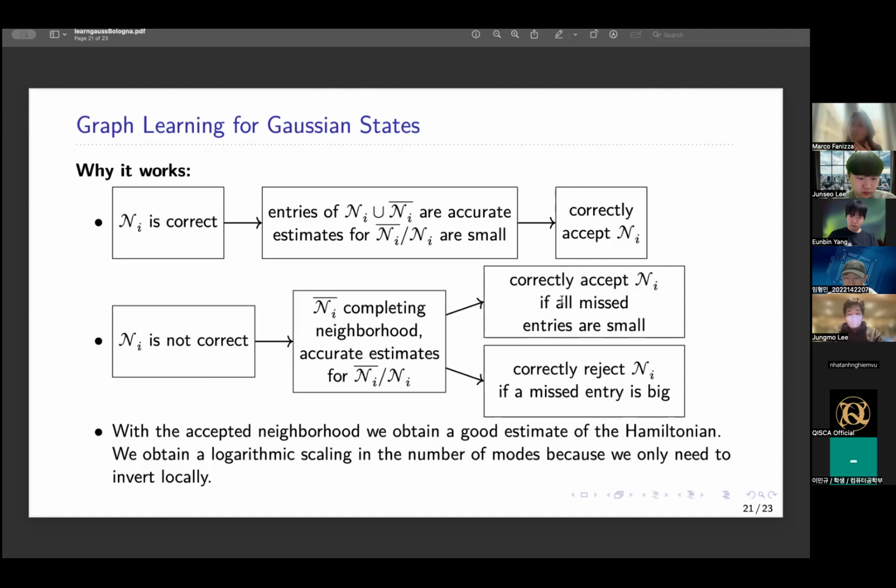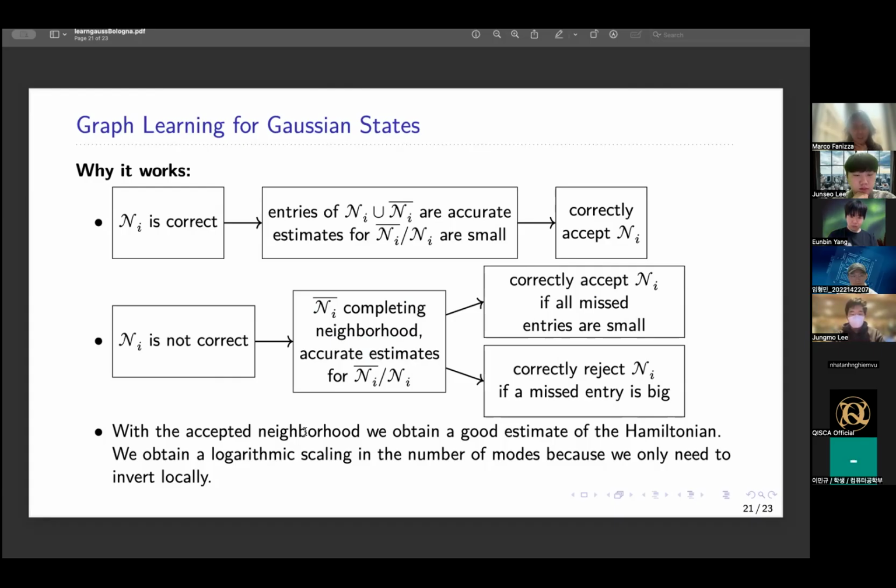We will correctly accept an I if all the missed entries are small, because then we check that they will not play a big role in the error computation, or we will correctly reject an I if we missed big entries that are revealed by this correct estimate in this step.